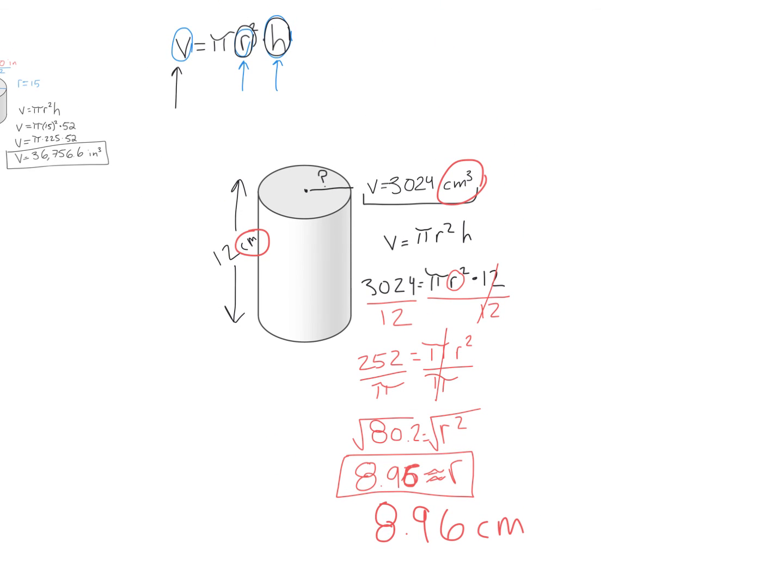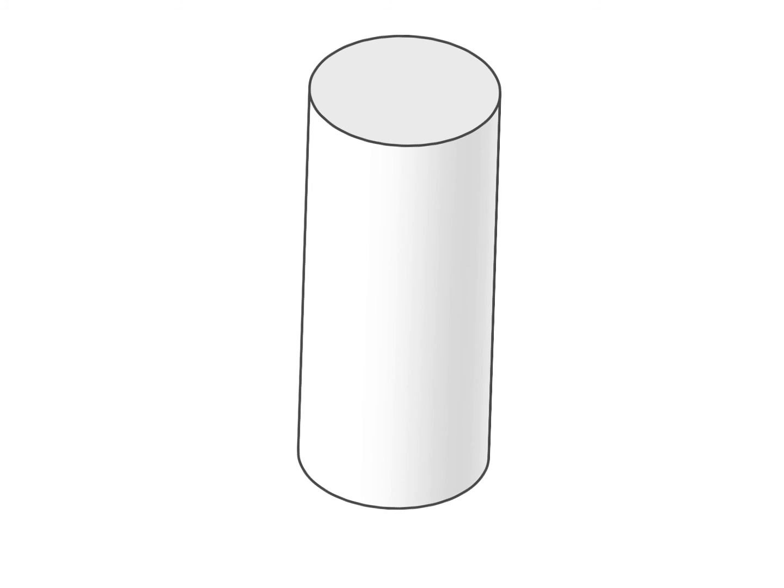Let's look at one more example like this, but this time I'll give you a radius and not a height, and I'll give you a volume. So let's get some space here, and we'll bring in a fresh cylinder. So here's our cylinder.